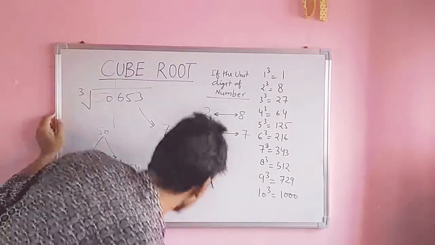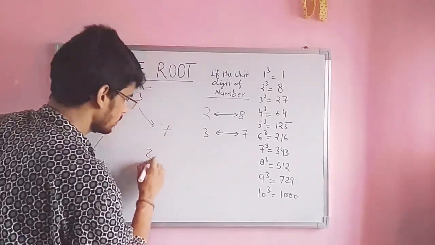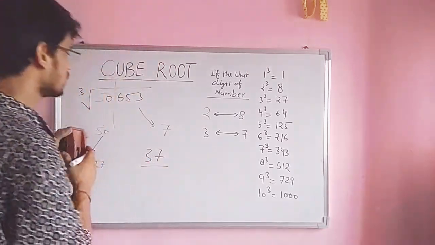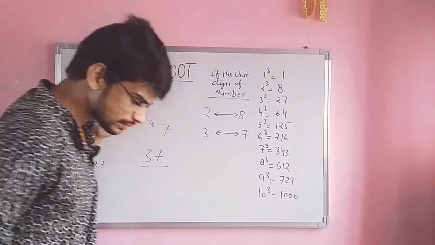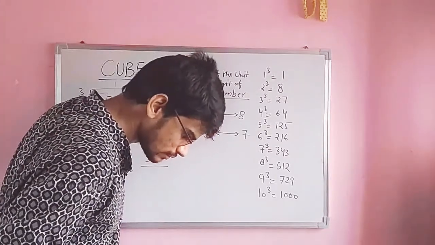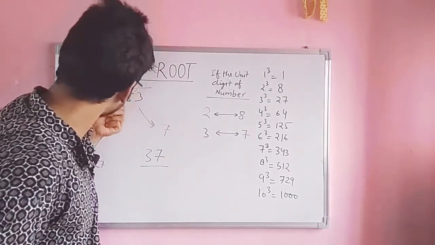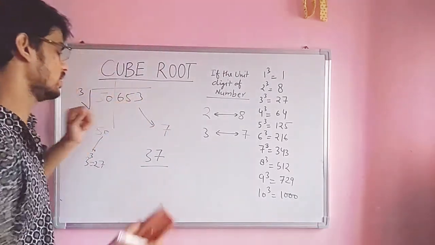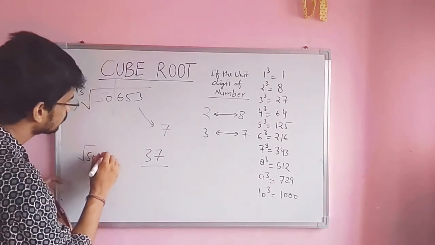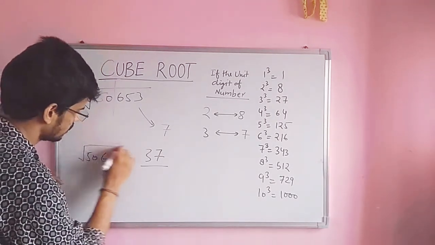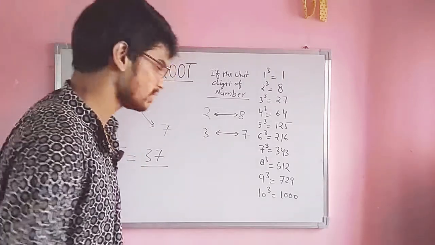That's why we leave the 64. Now combine the 3 and 7: 37 is the cube root of 50653. 50653 is the cube root of what? 37. Clear?